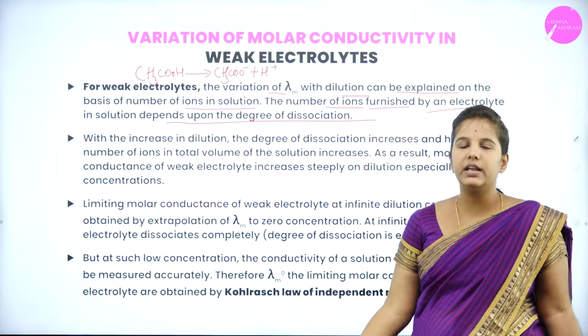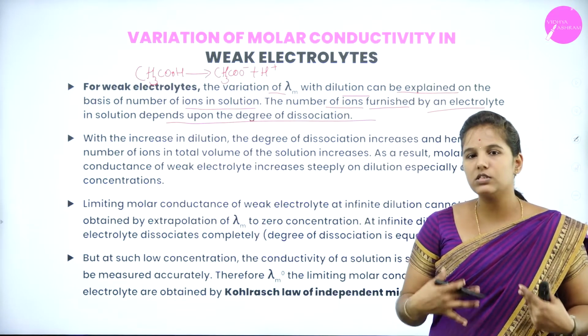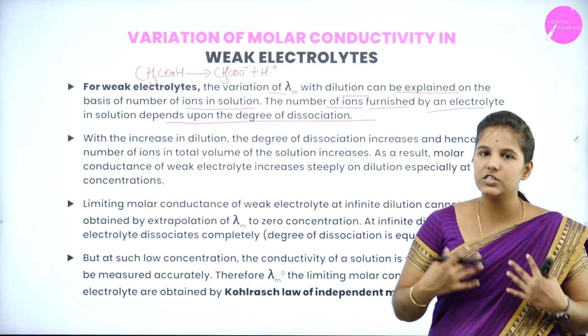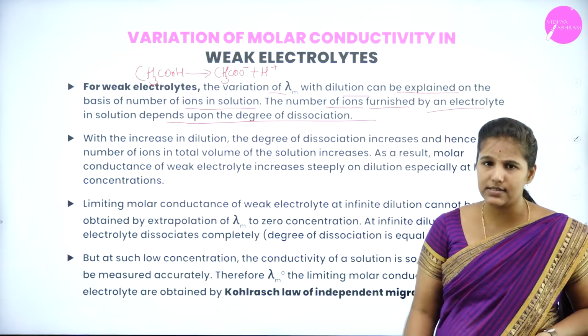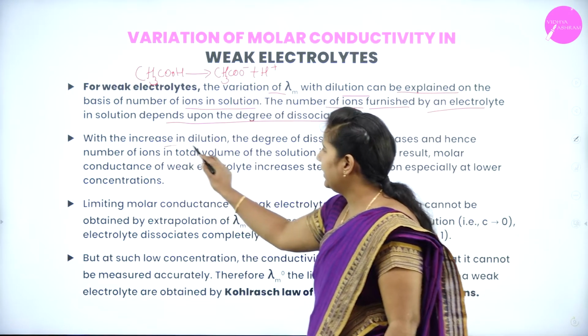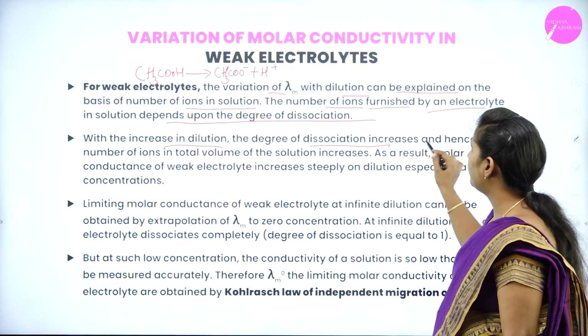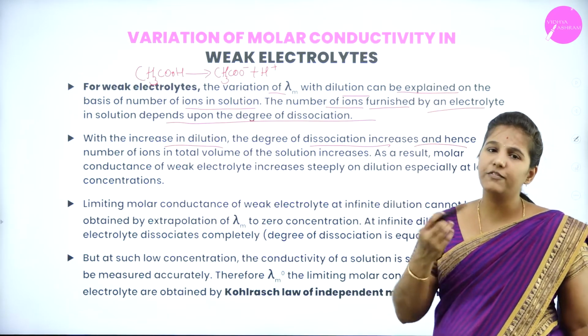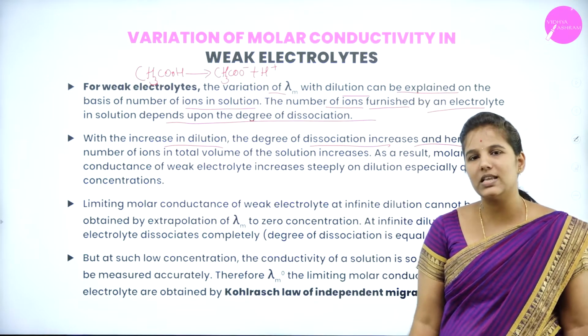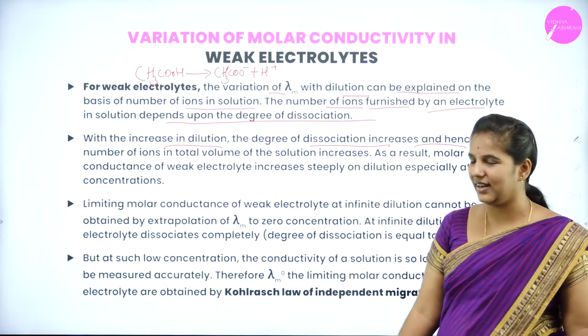As I have explained, degree of dissociation means the process of producing ions which conduct electricity. With increasing dilution, due to the degree of dissociation, more ions will be produced, and if more ions are produced, obviously molar conductivity will increase.